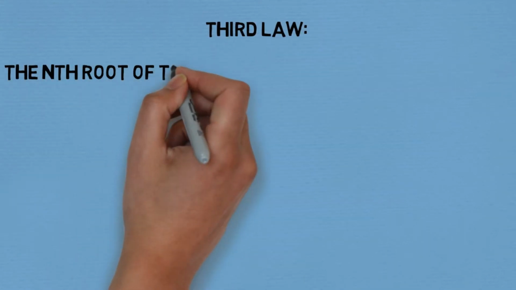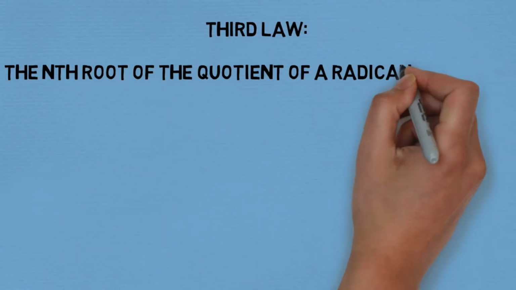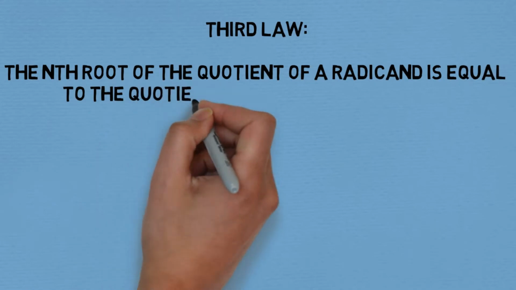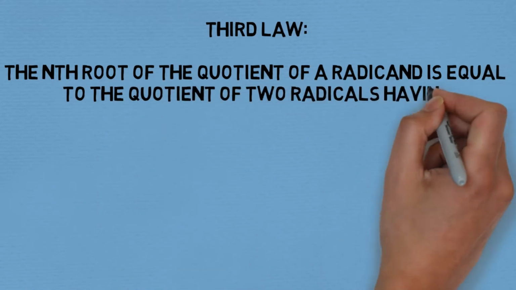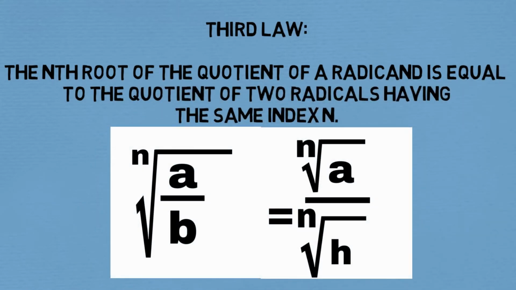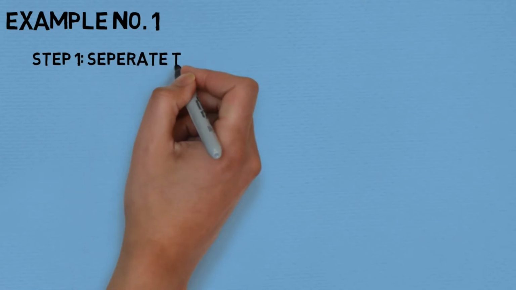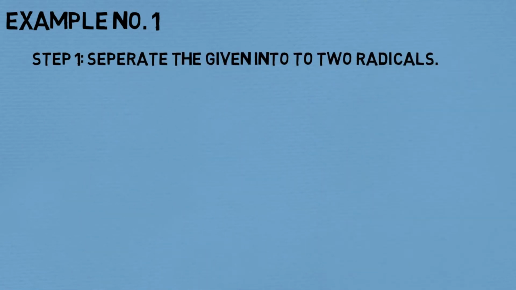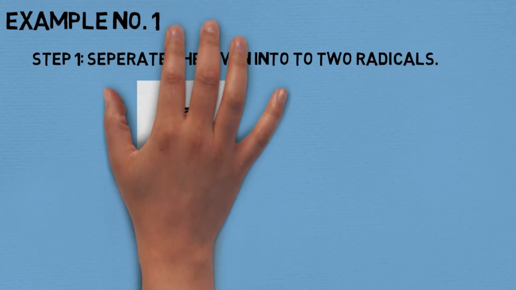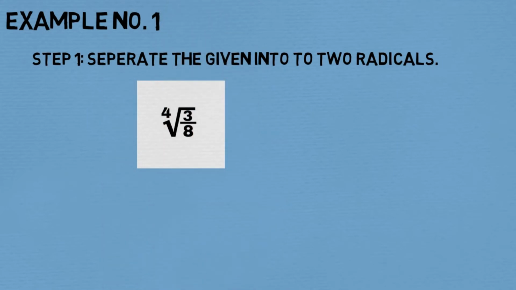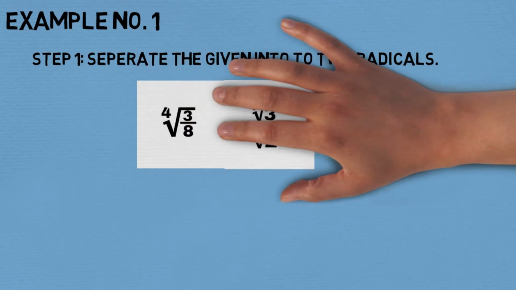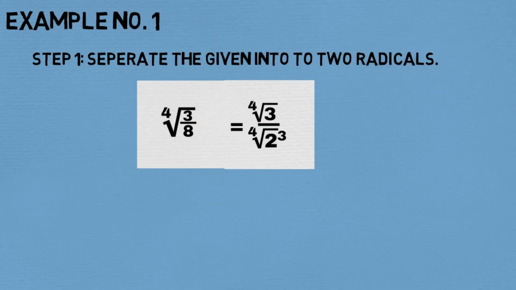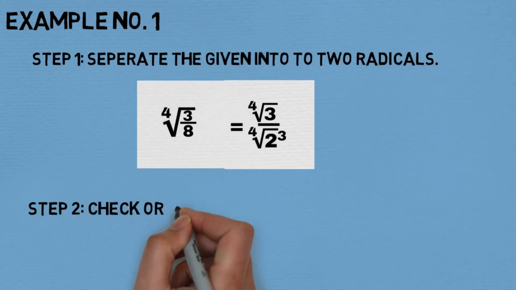Third law. The nth root of the quotient of a radicand is equal to the quotient of two radicals having the same index n. Example number 1. Step 1. Separate into two radicals. Fourth root of 3 over fourth root of 2 cubed. Step 2.